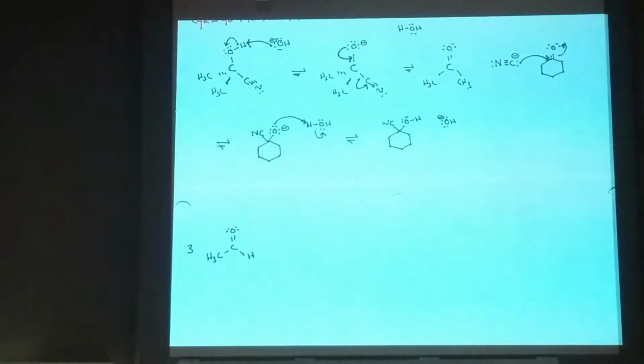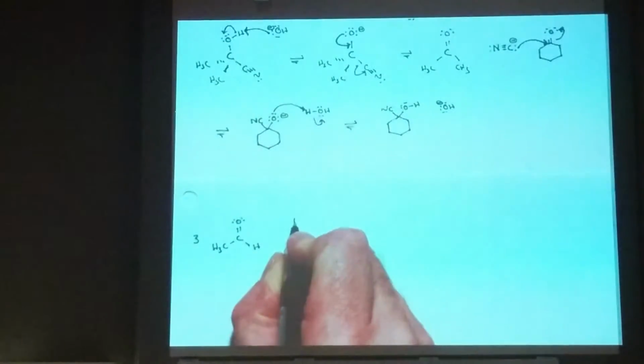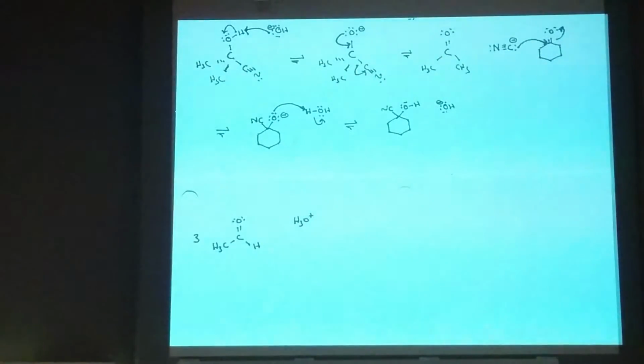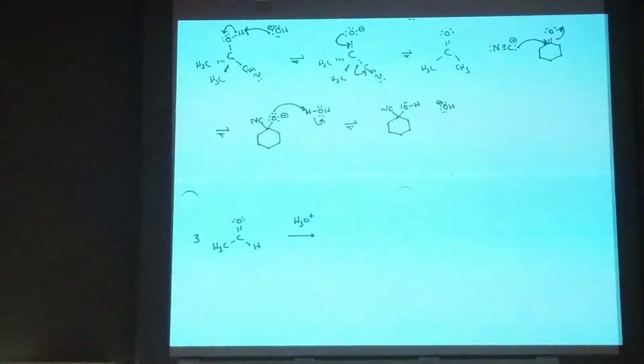This one actually involves 3 molecules of acetaldehyde. If you take acetaldehyde and expose it to acid, let's just assume we've got hydronium around, something rather interesting happens.